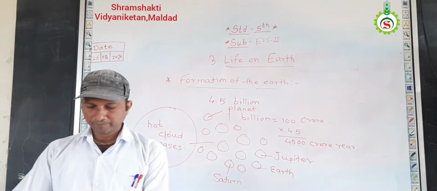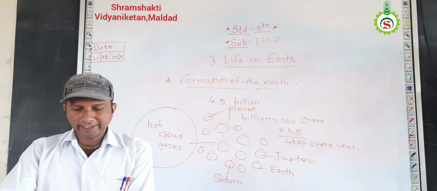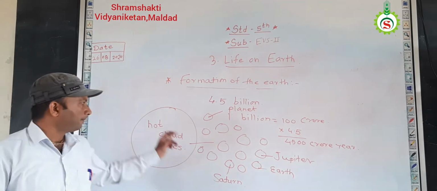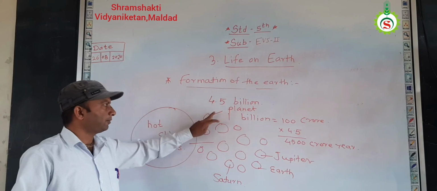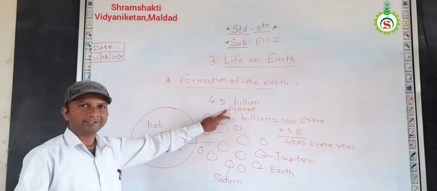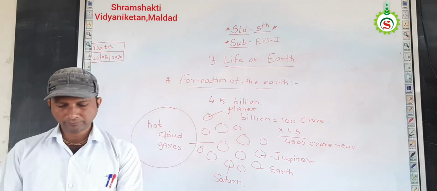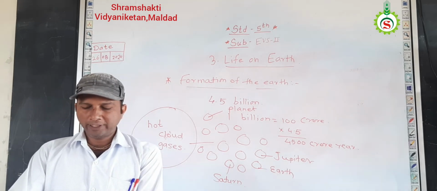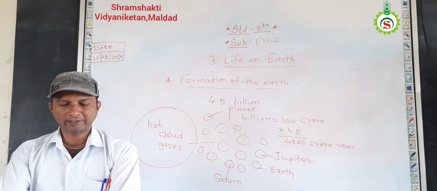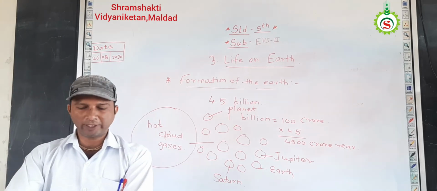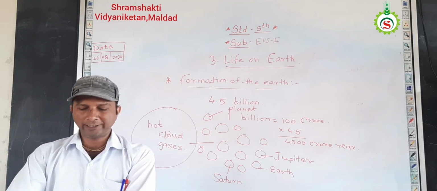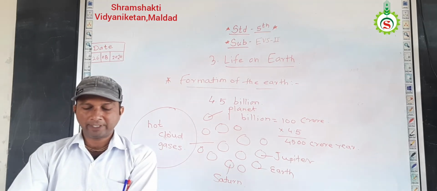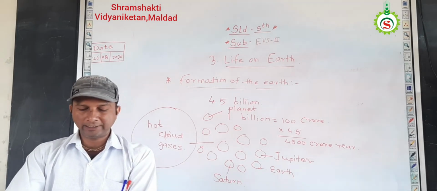Thus creating the sun and the planets which revolve around the sun. So from this object there is formation of planets as well as the sun. The names of these planets are Mercury, then second one is Venus, third one is Earth, fourth one is Mars, fifth one is Jupiter, sixth one is Saturn, seventh Uranus, and eighth is Neptune.